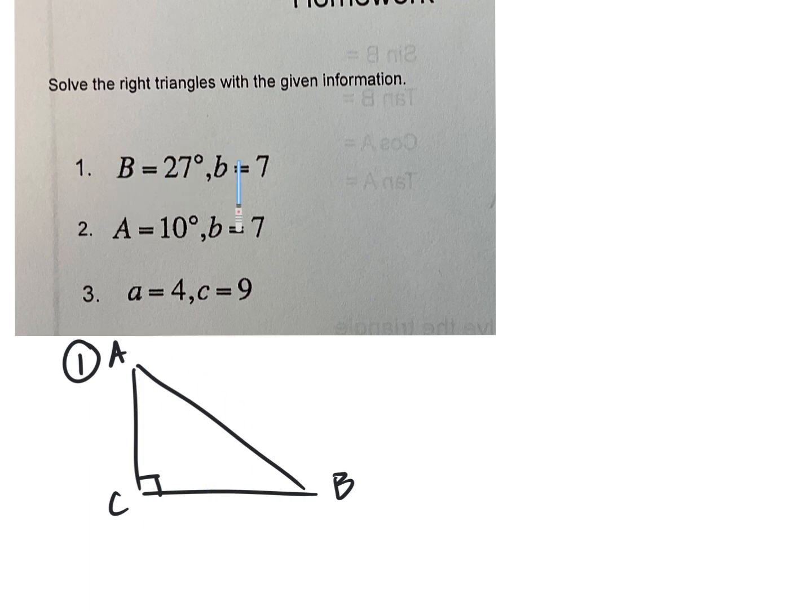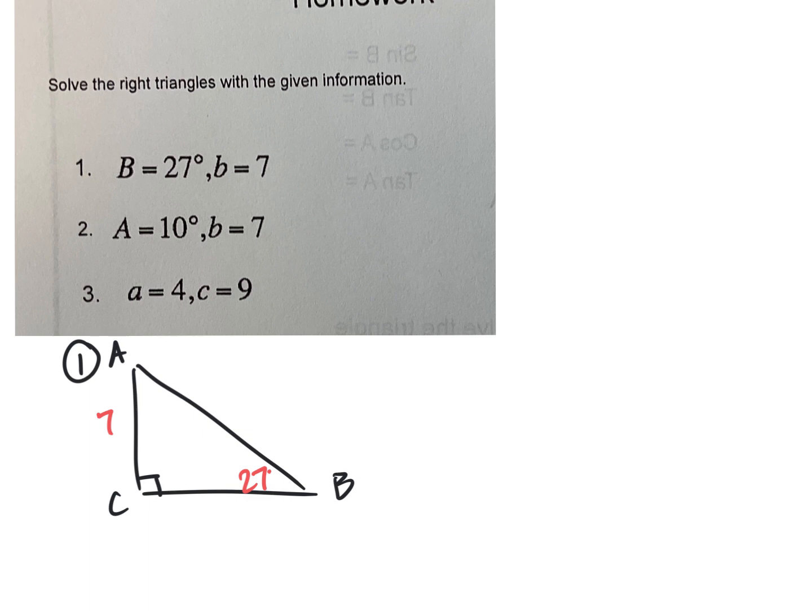In this number 1, so he's given us 3 problems to do. In 1, angle B is 27, so I'm going to just put that right in my picture. Boom. 27 degrees goes with angle B. What else do they give us? The little b, side B. Side B is 7. So now we need to find out everything else. Could we just find that third angle with no SOHCAHTOA?